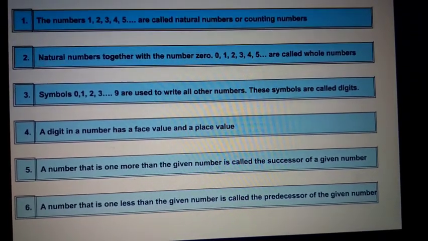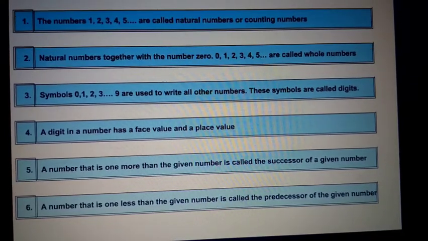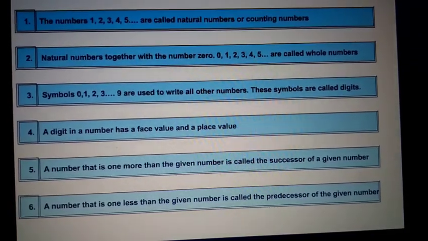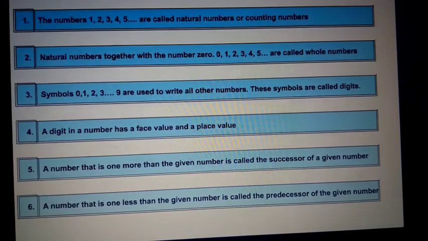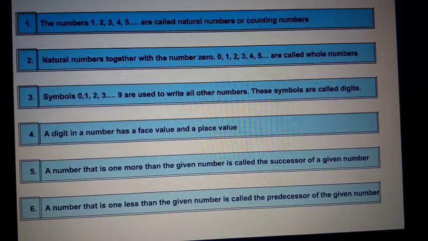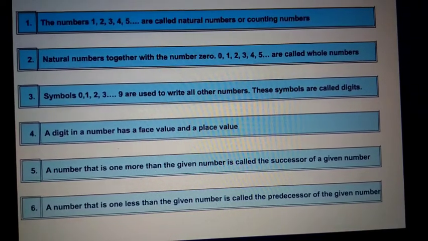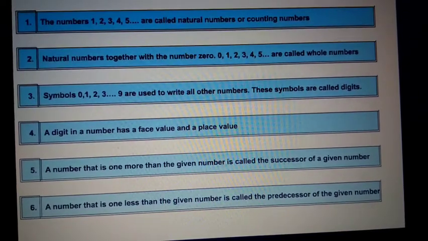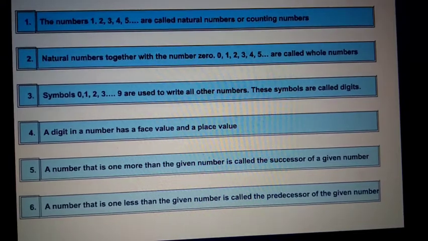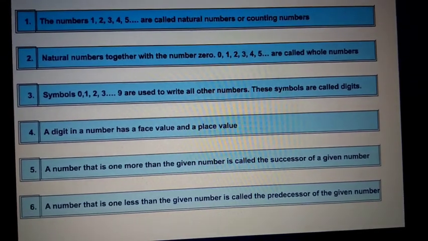Natural numbers together with the number 0, that is 0, 1, 2, 3, 4, 5, and so on, are called whole numbers. Symbols 0, 1, 2, 3 up to 9 are used to write all other numbers. These symbols are called digits.